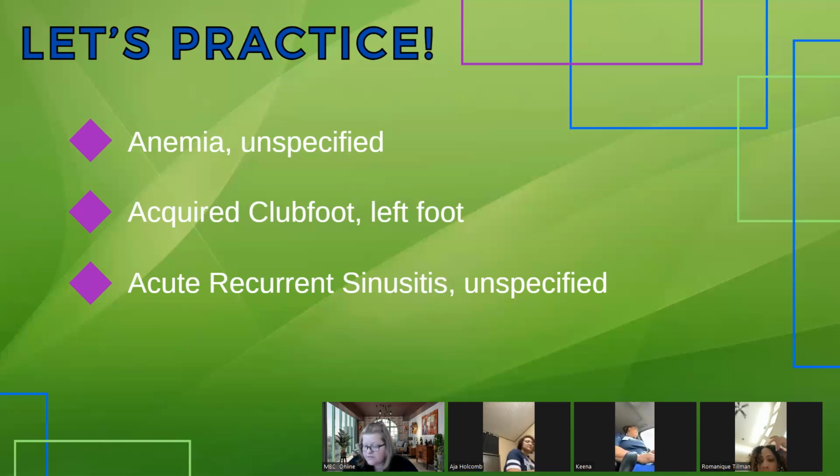There was something I wanted to say, and it just flew out of my head. What does recurrent being in purple mean? Thank you, that's what it was. Okay, the words that are highlighted in purple, a lot of times that's the difference in the codes.